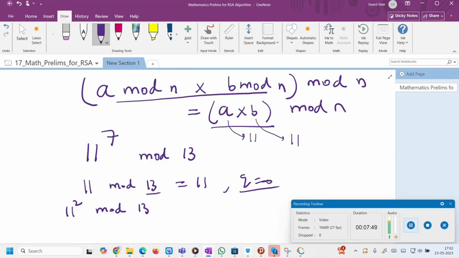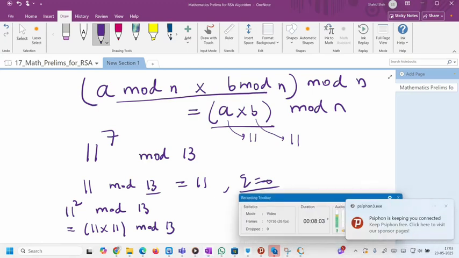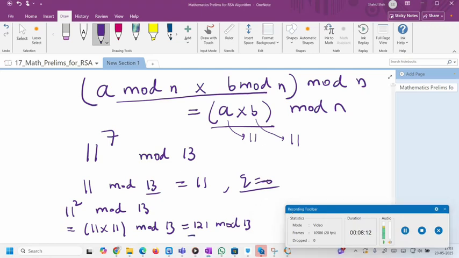So it is equal to 11 into 11 mod 13, which is equal to 121 mod 13. By simple division we will observe that it is 4. You can basically do it like this: 121, you see 9 times 13 is 117, and the remainder is 4.